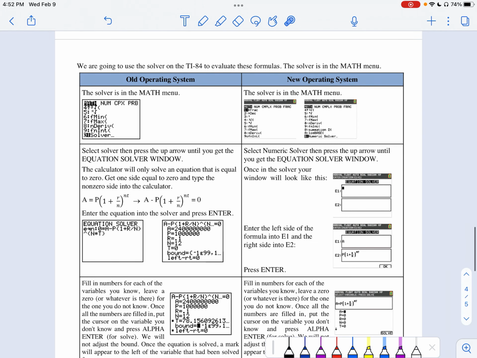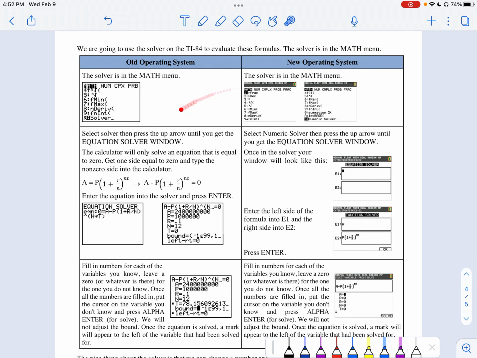So all of this up here is showing you how you can do some of this stuff using your graphing calculators. On the left-hand side, this is the older operating system. So if you have a TI-83, this is how you would do it in the TI-83. Over here on the right-hand side, this is more of how it's going to look in the TI-84s or the TI-84 Plus.